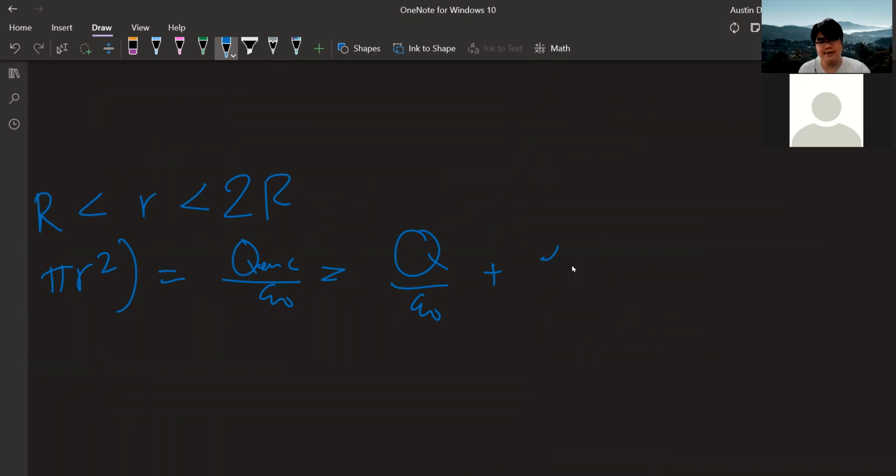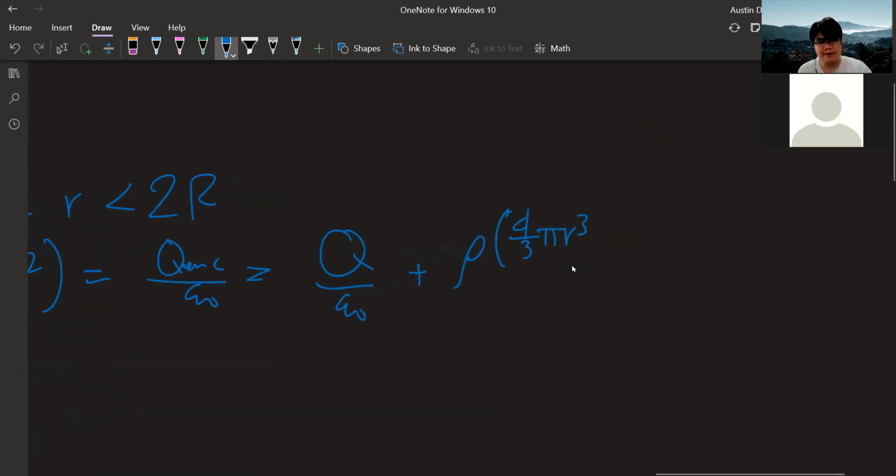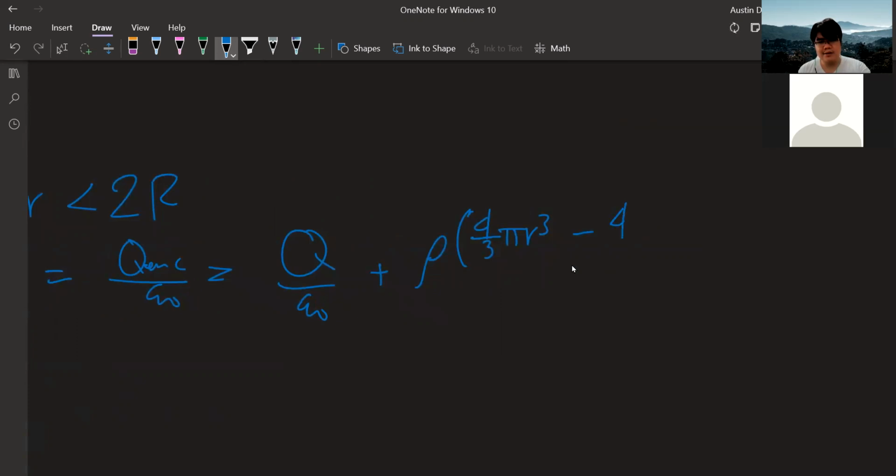Okay, so that's rho times the volume I have enclosed, so that's 4/3 pi r cubed minus 4/3 pi capital R cubed, over epsilon naught.